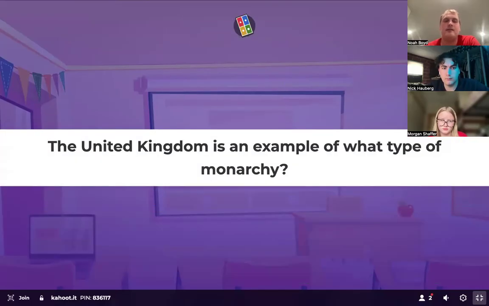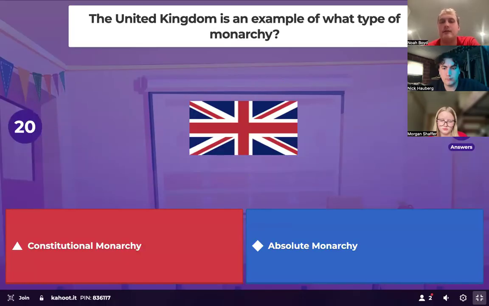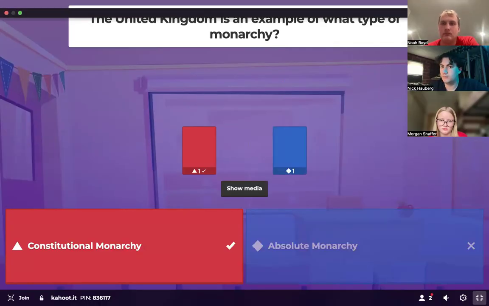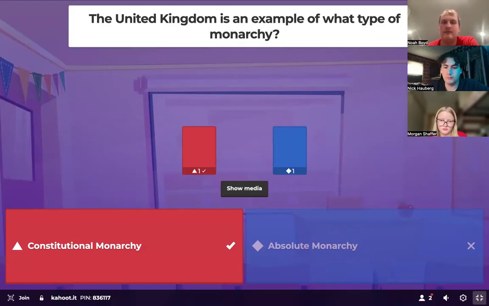The United Kingdom is an example of what type of monarchy? It's going to be a constitutional monarchy. In the United Kingdom, they have the king and queen, but they're mostly a ceremonial head.